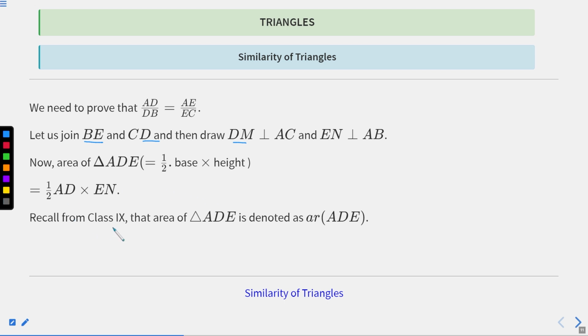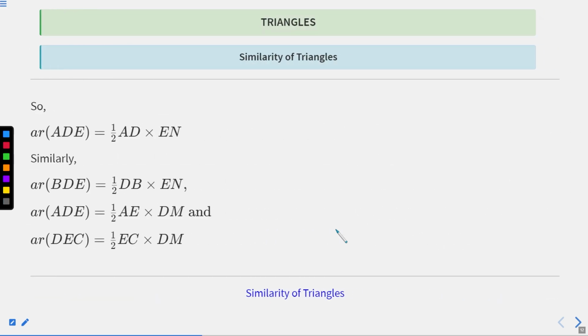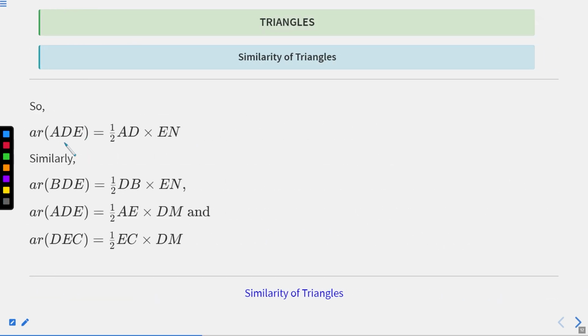If you recall from class 9, we denoted the area of a triangle as ar. So the area of triangle ADE, denoted ar(ADE), is equal to half of AD into EN.